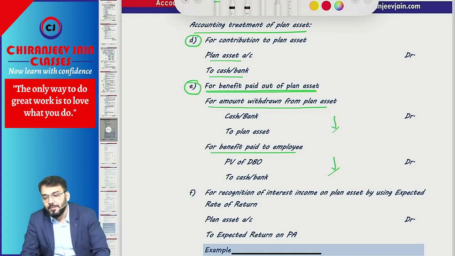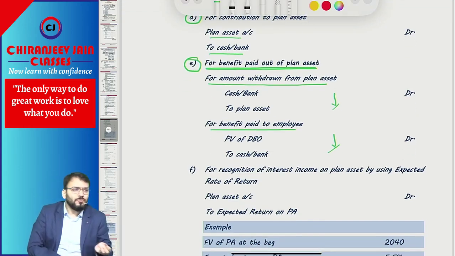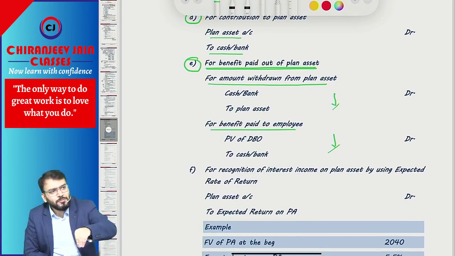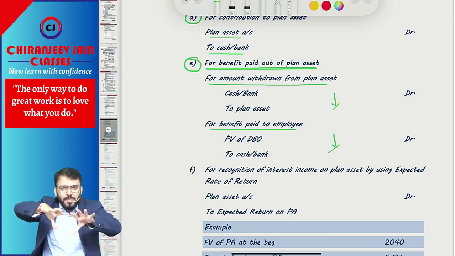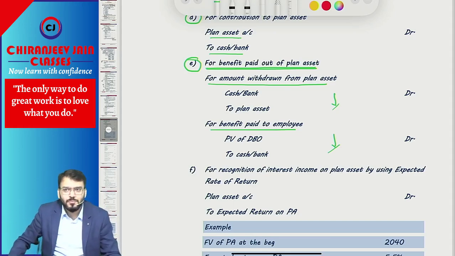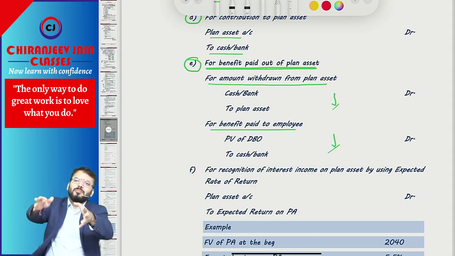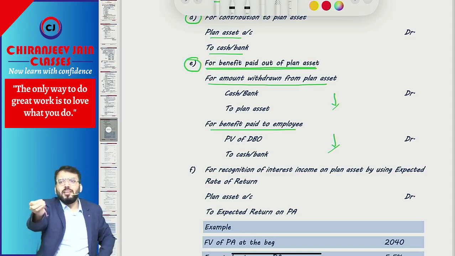Now what AS 15 says is that you first contributed some amount and then you have withdrawn some amount. But can I say this plan asset will generate some income for you? Whom does that income belong to? The entity. Suppose I have given 1 lakh to you, and if you are investing that amount, that is your income now.